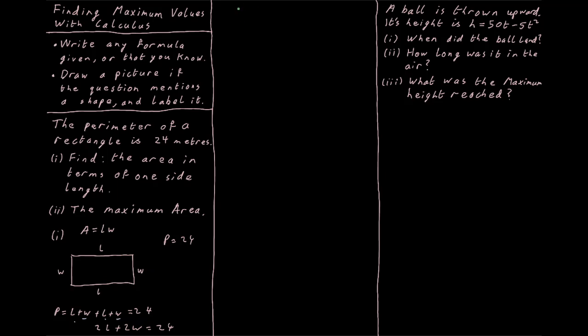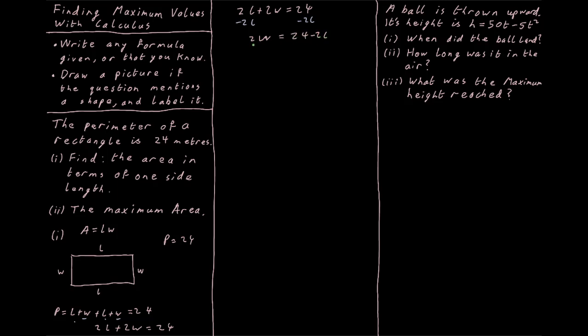So I have 2L plus 2W is equal to 24. I'm going to get the width by itself, so I'm going to get the length out of there. The width would be equal to 24 minus 2L.